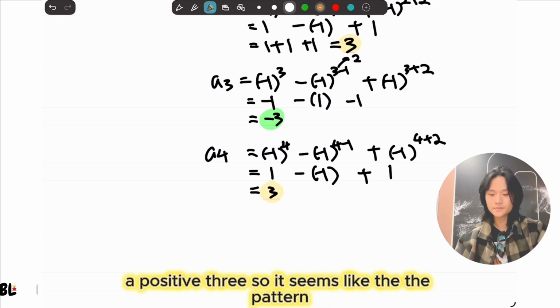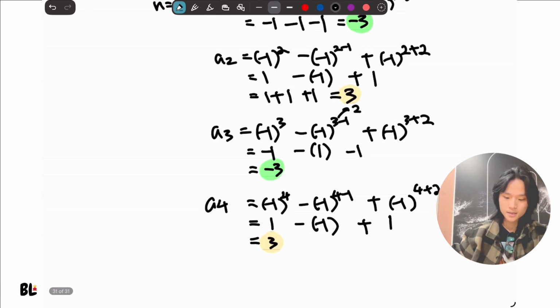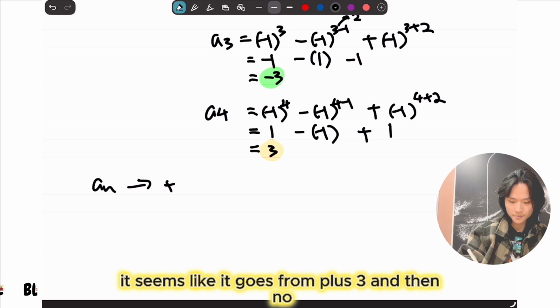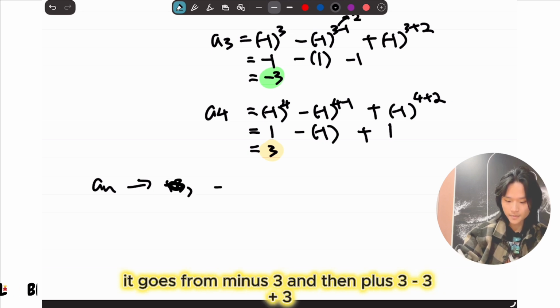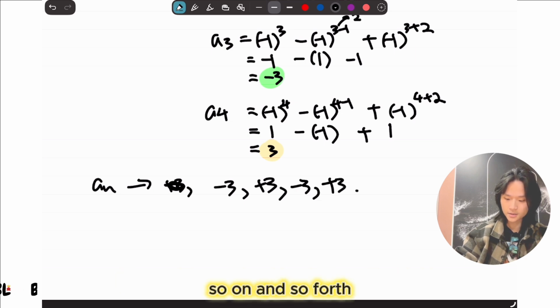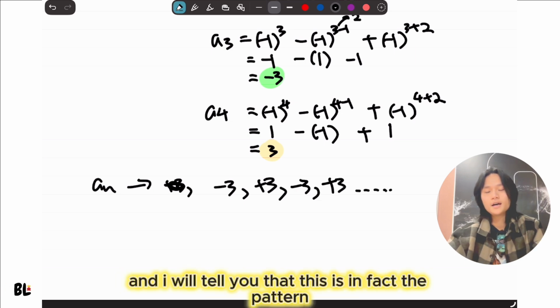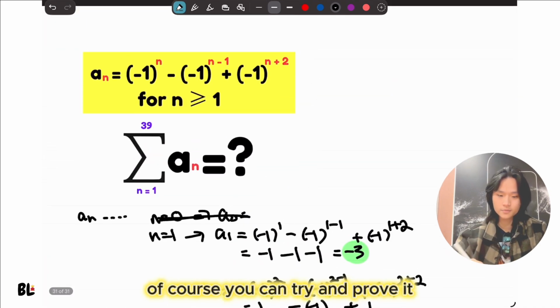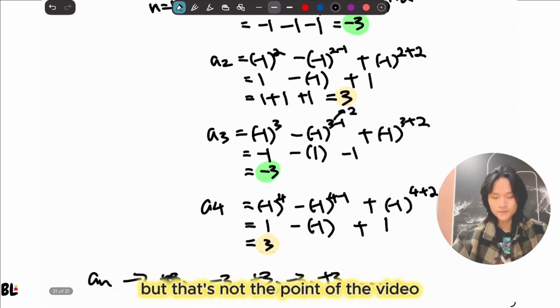So it seems like there's a pattern in the a_n's. It goes from minus 3, and then plus 3, minus 3, plus 3, and so on and so forth. And I will tell you that this is in fact the pattern. Of course, you can try and prove it, but that's not the point of the video.